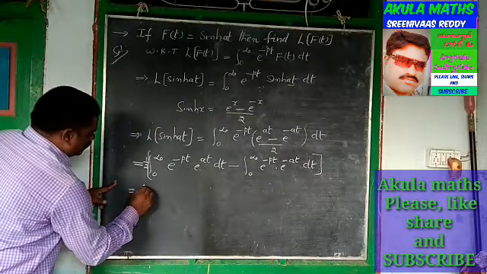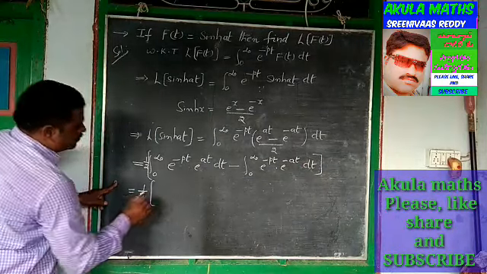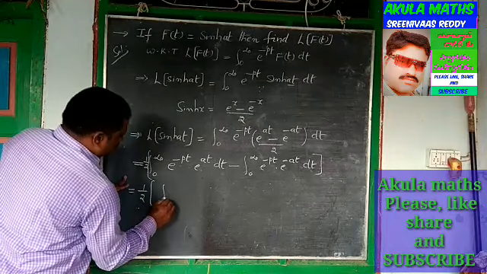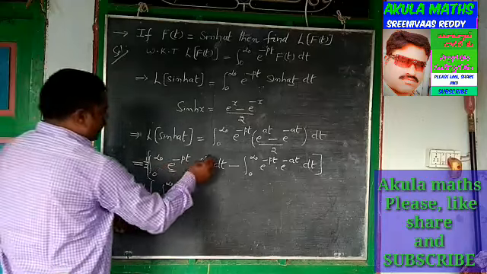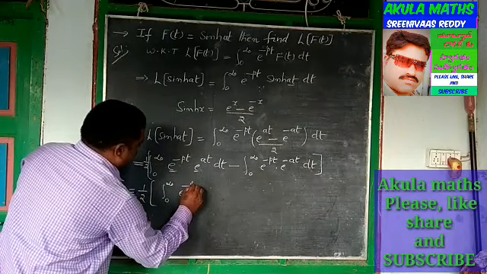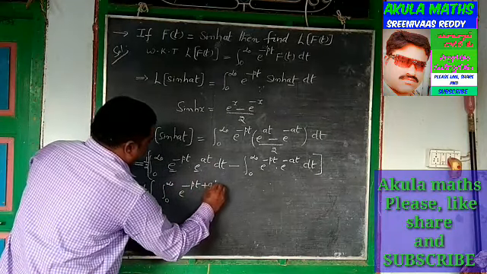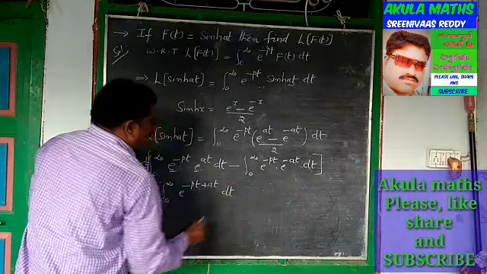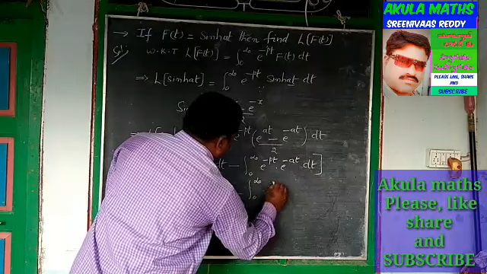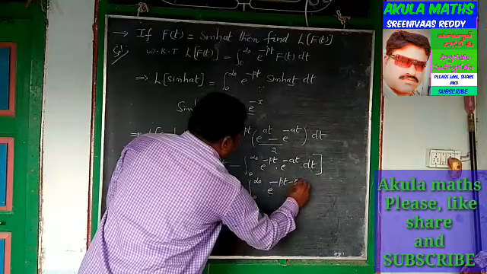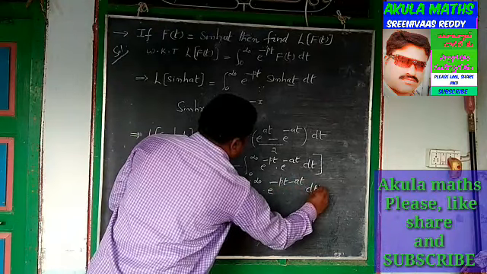That is equal to 1 by 2 into integral 0 to infinity, bases are equal, now exponents are adding, e power minus pt plus at into dt. Here also same, integral 0 to infinity e power minus pt minus at into dt.